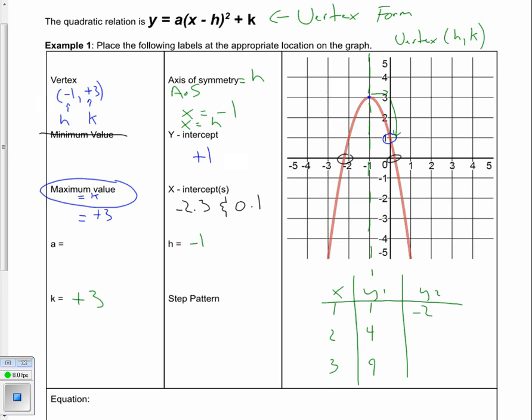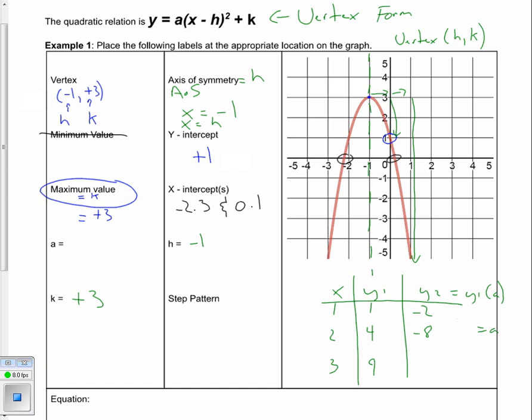So if we go over 2 units from the vertex and we go down 1, 2, 3, 4, 5, 6, 7, 8, it would be negative 8 units down. So based on this, we can reverse engineer our a value. If we take our y2 value and we divide it by y1, we can figure out a.